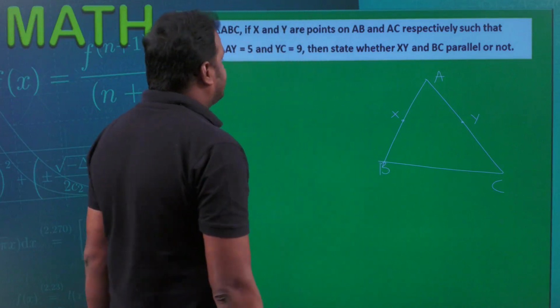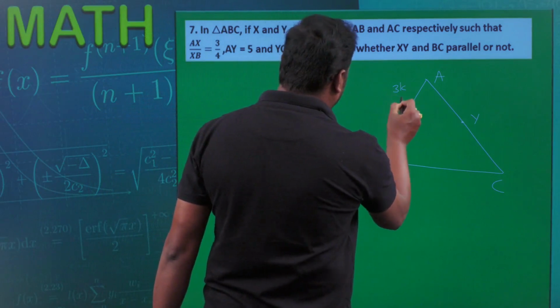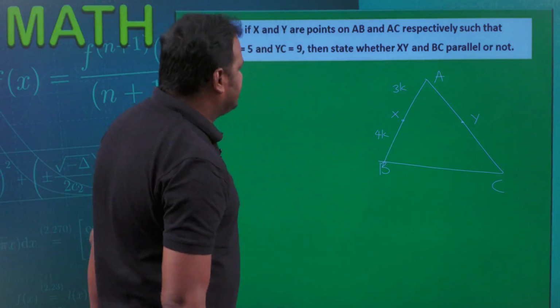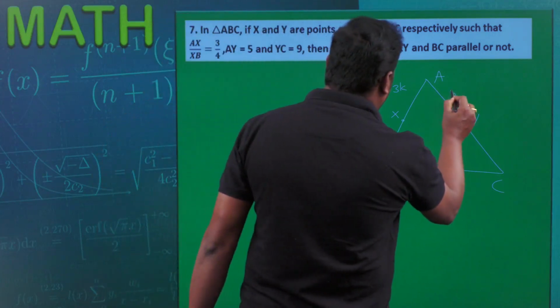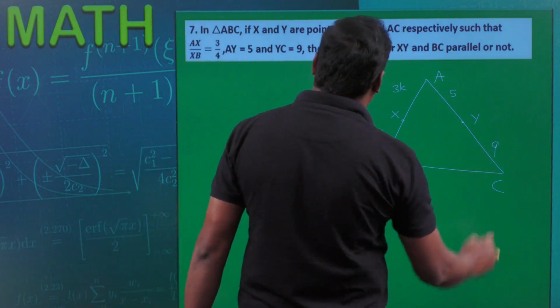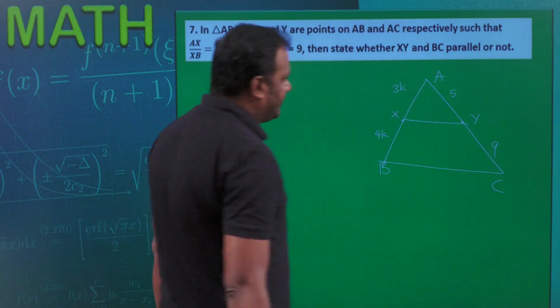Such that AX by XB is equal to 3 by 4. Let us suppose this is 3K and 4K. AY is equal to 5. So this is 5. And then YC is equal to 9. Then state whether XY is parallel to BC or not.